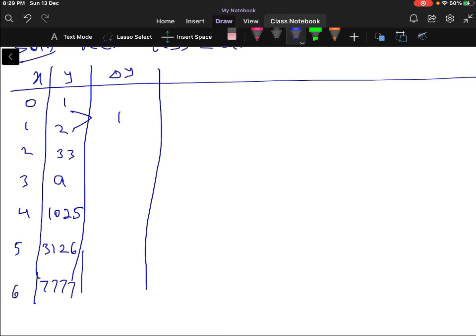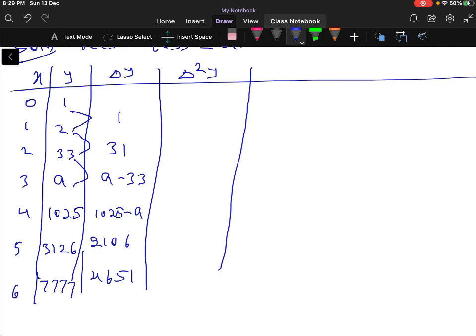So 2 minus 1 is 1. 33 minus 2, 31. A minus 33. 1025 minus a. 3126 minus 1025 is 2101. 7777 minus 3126 is 4651. So these are the first forward differences.